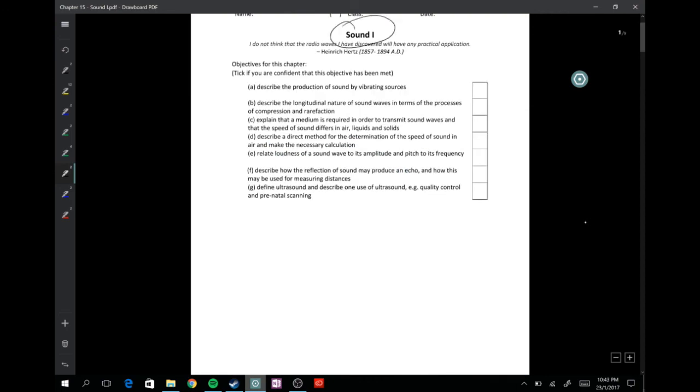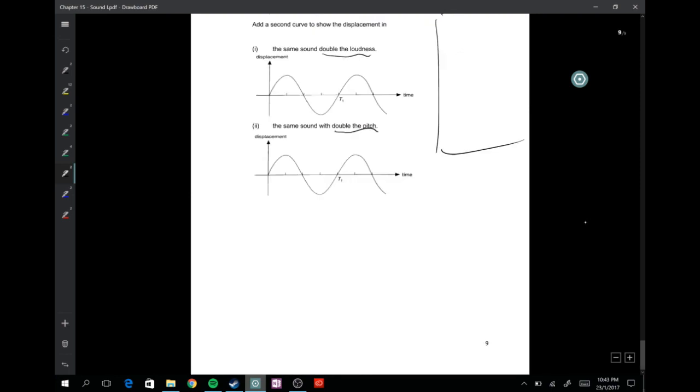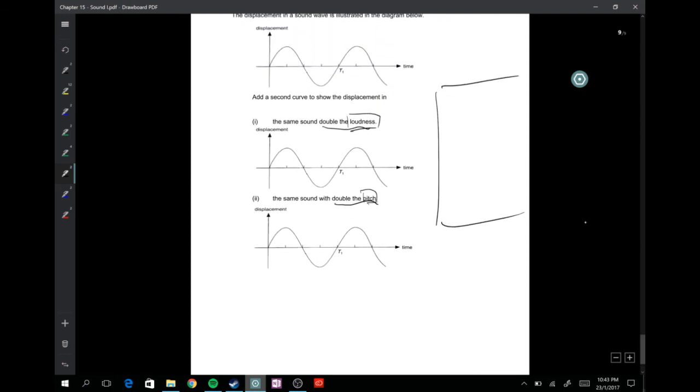I will go through pitch and loudness in detail in sound 2, but let me just give you all the relation first. Loudness is linked to amplitude. So the greater the loudness, the greater the amplitude.